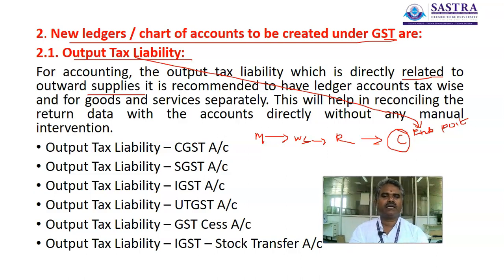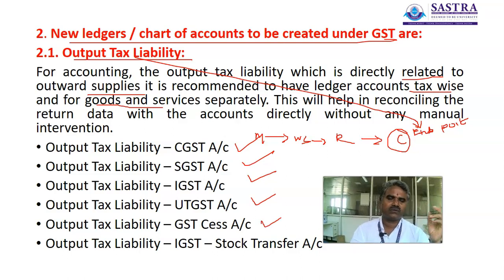It is recommended to have a ledger account for each tax, and for goods and services separately. Tax-wise means here we have to collect CGST, SGST, IGST, UTGST, and sometimes we can charge GST cess.